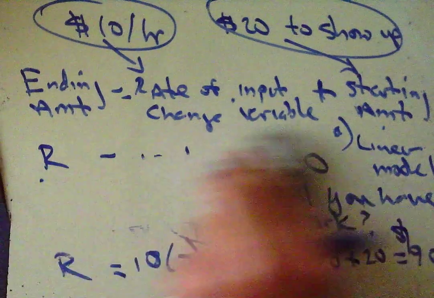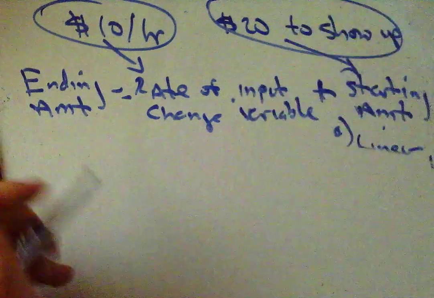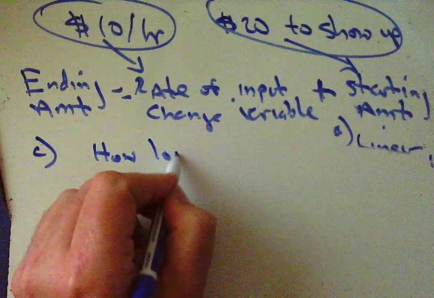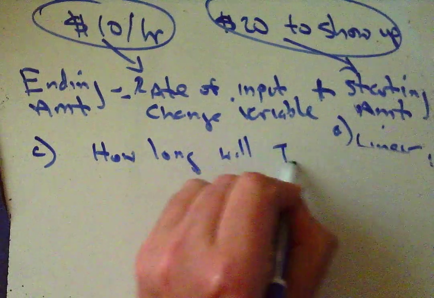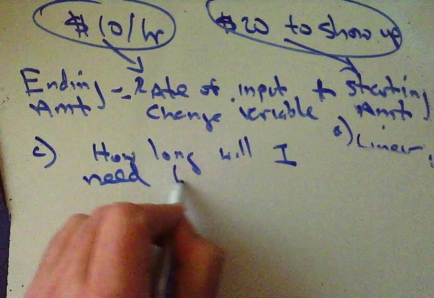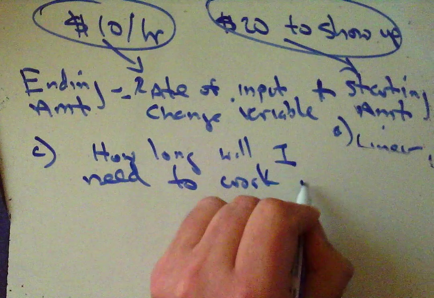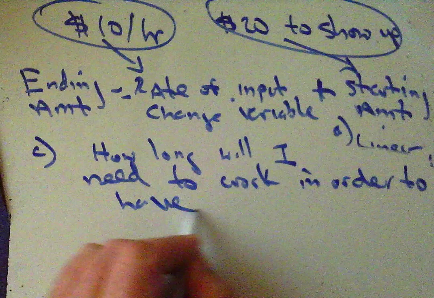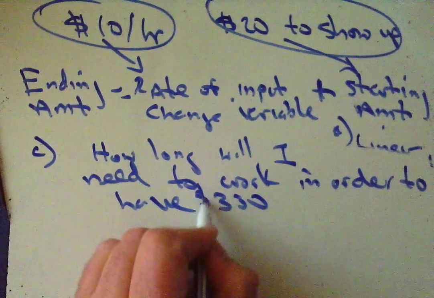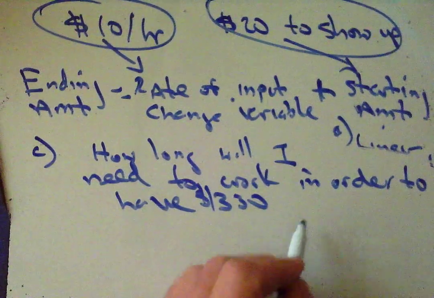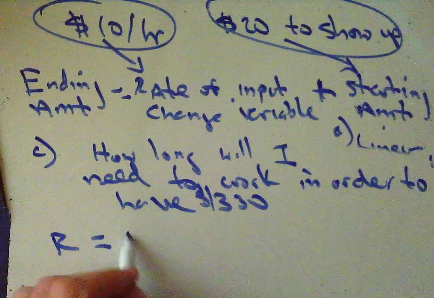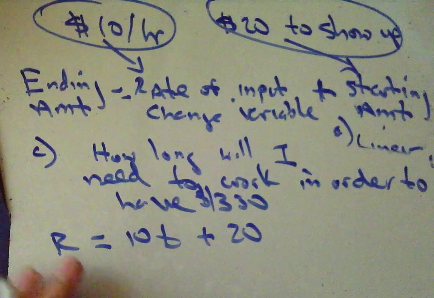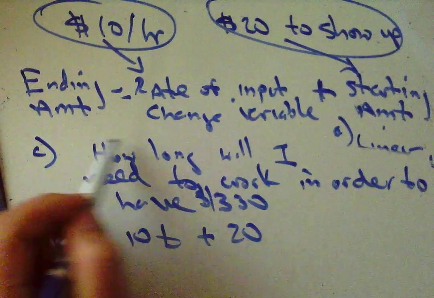And then the last question, part C, how long will I need to work in order to have $330? Okay, well, I've still got this revenue function, 10t plus 20. How do I use this to answer this question? How long will I need to work?